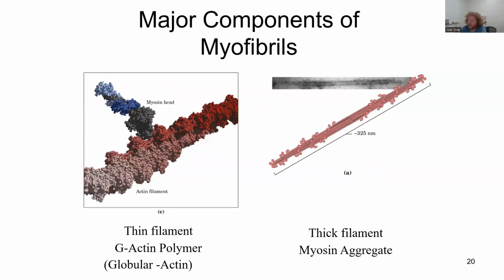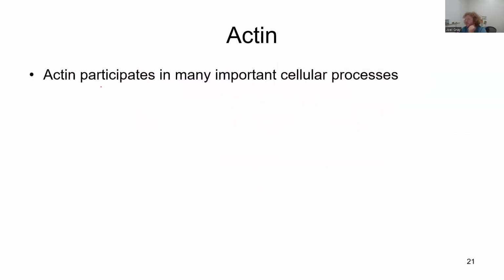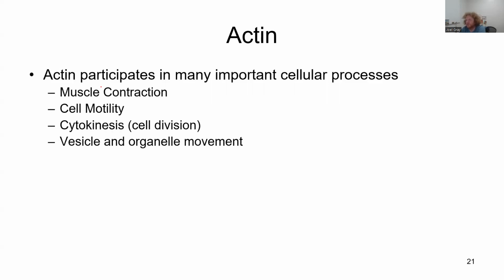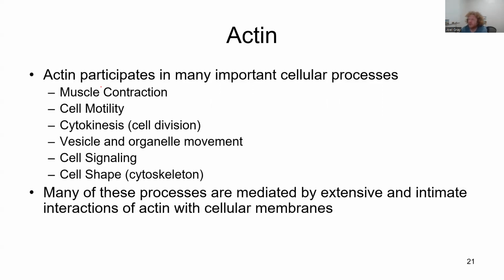Now, your major components of your myofibrils are your thick myosin filaments, as well as your actin and your myosin proteins. Those are the two proteins that are very important. Actin is a protein that participates in many important cellular processes, including mobility of a cell, muscle contraction, cell division, vesicle and organelle movement, cell signaling, cell shape, and many of the processes that are mediated by extensive and intimate interactions of actin with cellular membranes.